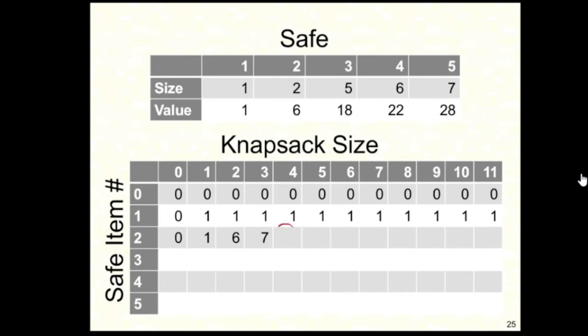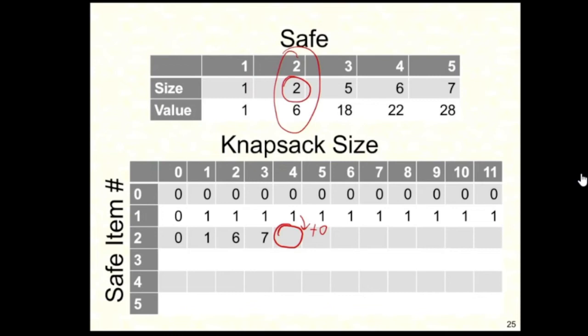So I'm trying to fill in this location, right? So this is a knapsack of size 4. So I could either take the one above me and add nothing. That means I don't take item 2. Or I could move back 2 columns. I move back 2 columns because the item is size 2. So think of it this way. I'm working on a knapsack of size 4, and I'm trying to add an item of size 2.